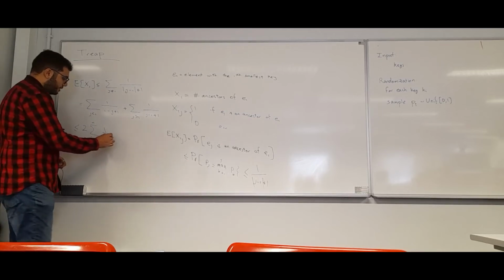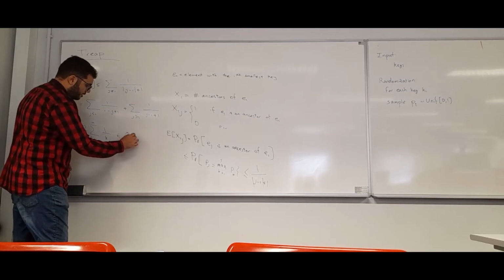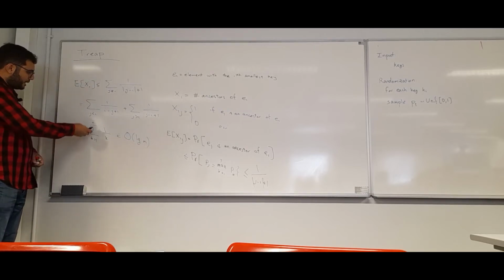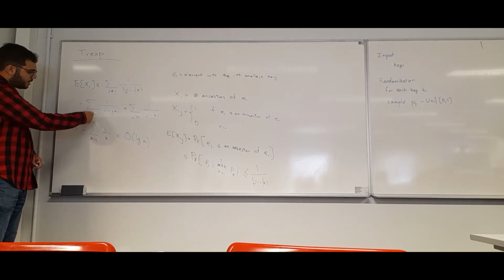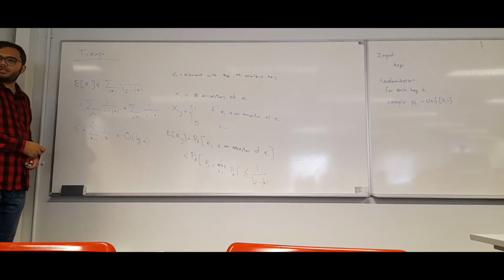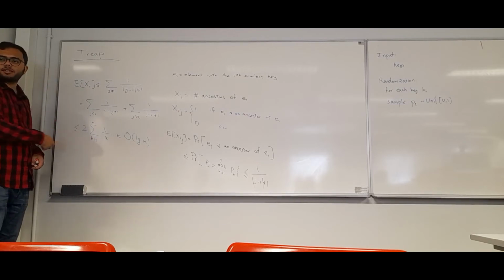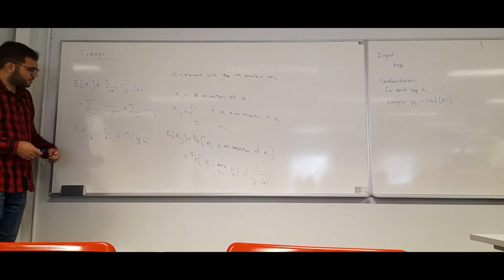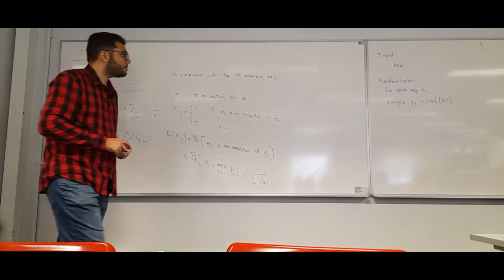And yeah, this is all O(log n), because the idea here is that this is the harmonic sum, and you can approximate the sum by the integral, and the integral of 1 over x is just the natural log of x. So this is all log n.